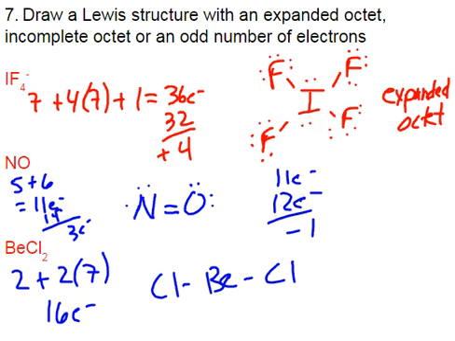Those 2 nuclei would be so close, it's not going to happen. They're going to repel each other. So 2, 4, 6, 8. I'd want to put 2 here. I'd want to put 6 here. So in an ideal world, I'd have 2, 4, 6, 8, 10, 12, 14, 16, 18, 20 electrons so that beryllium could have a full octet.